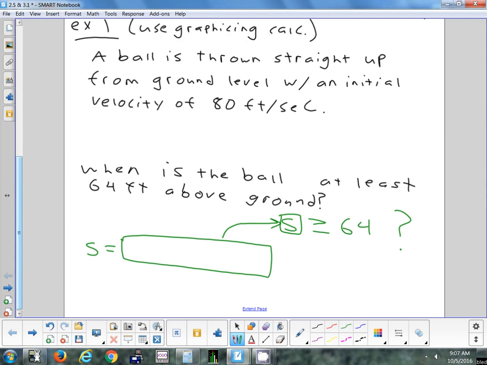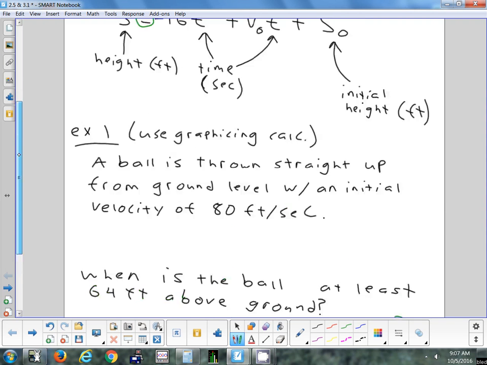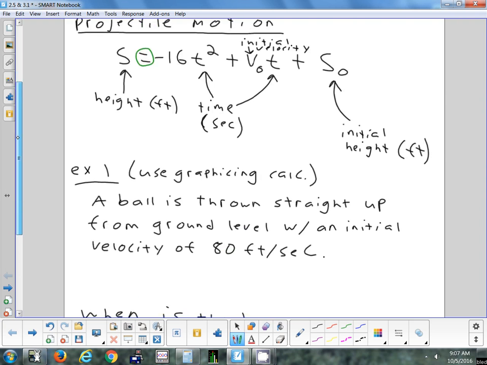Can somebody remind me, how does the formula start? Negative 16t squared. Yep, negative 16t squared plus v sub 0 t. And what's my initial velocity here? 80.